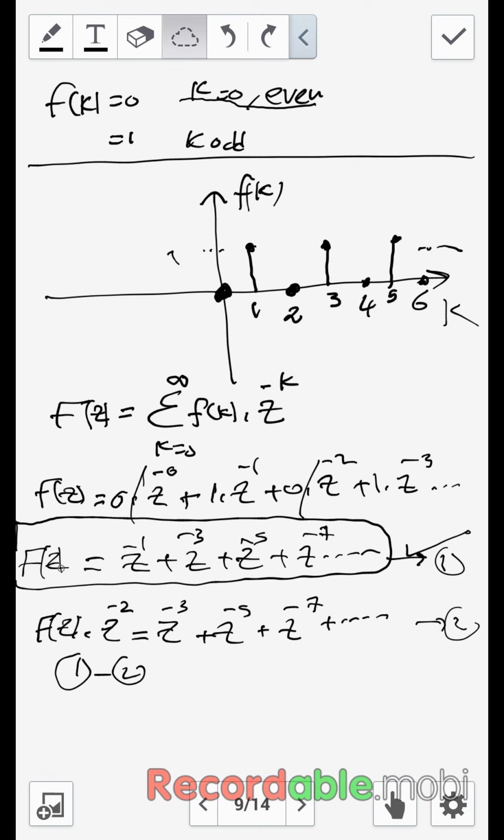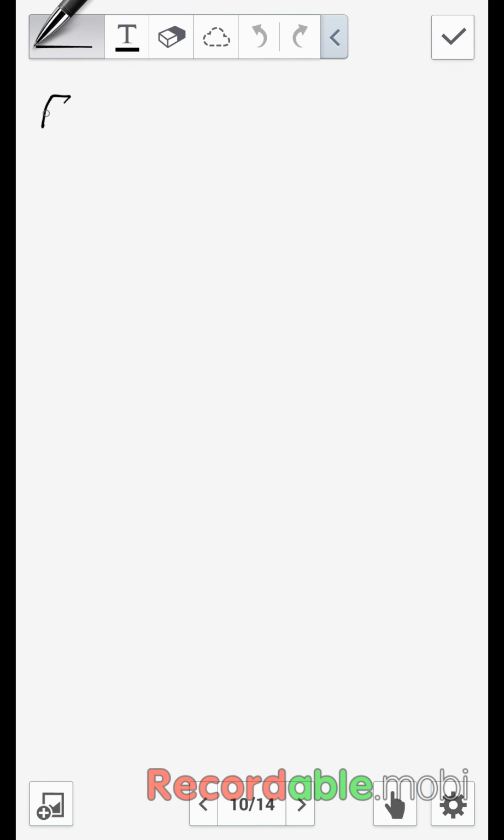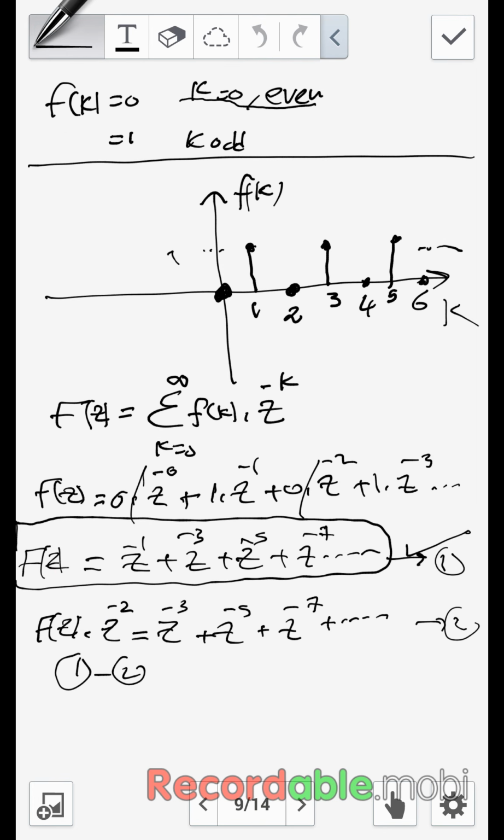If you subtract equation 2 from equation 1, what will you get now? F of z minus z to the power of minus 2 F of z will equal, if you subtract, you will note that all this series cancels, this with this, this with this, so we are left with z to the power of minus 1.